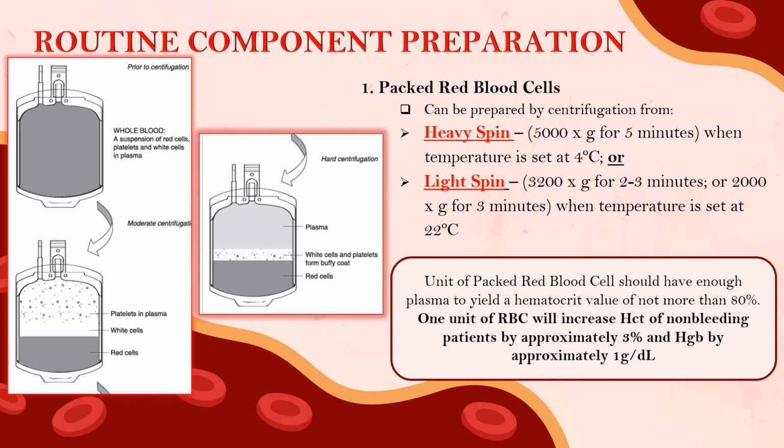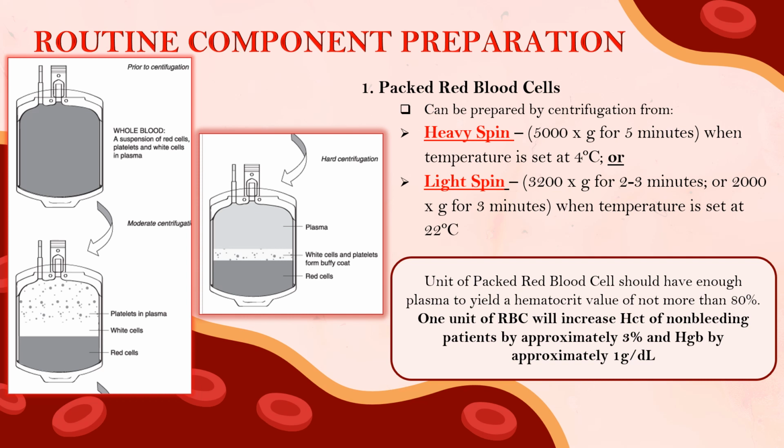If the whole blood used is not intended for platelet concentrate preparation, we can perform heavy spin to directly separate packed red blood cells from the component. It can also be prepared via light spin, also known as soft spin and moderate spin.